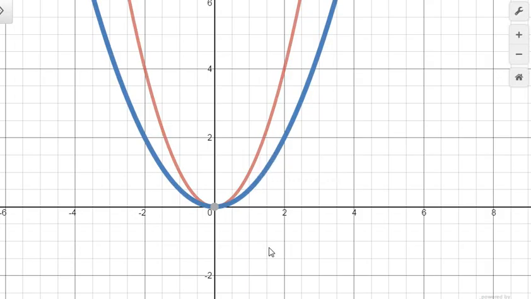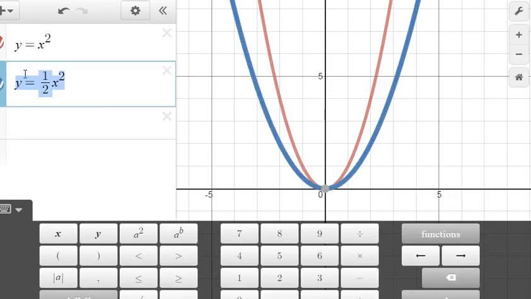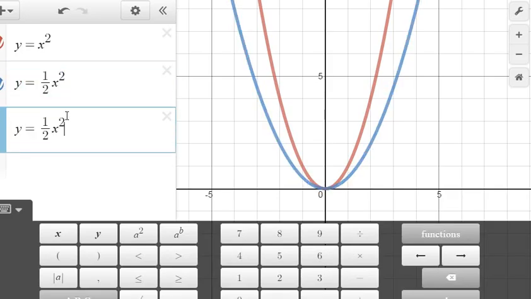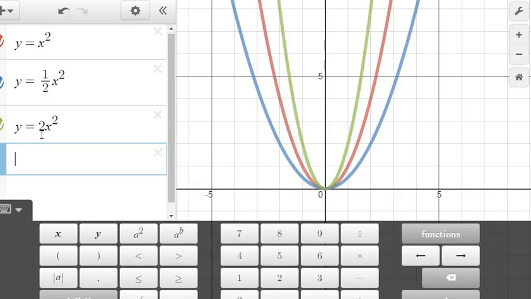Okay, so let's try a different one. Instead of y equals 1/2 x squared, what if I did y equals, say, 2x squared? So overall, what does that number in front of the x squared control? Yeah, how wide or how narrow it opens.